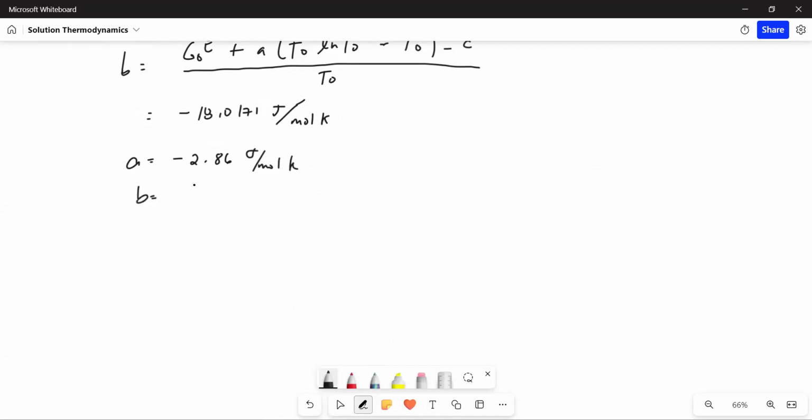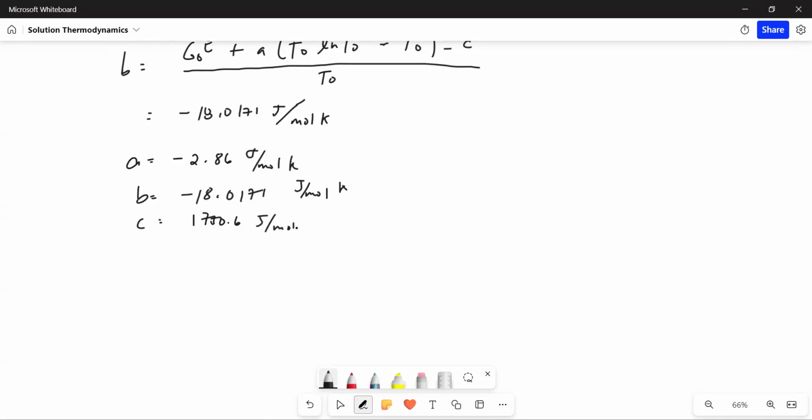Letter B is negative 18.0171 joules per mole Kelvin. And letter C is 1750.6 joules per mole. Okay?